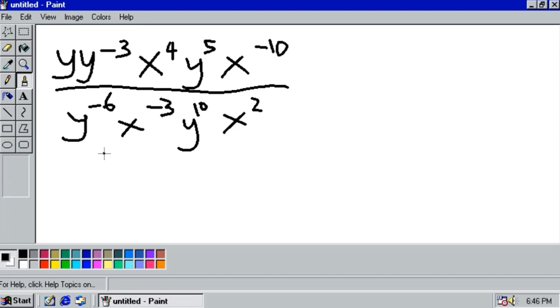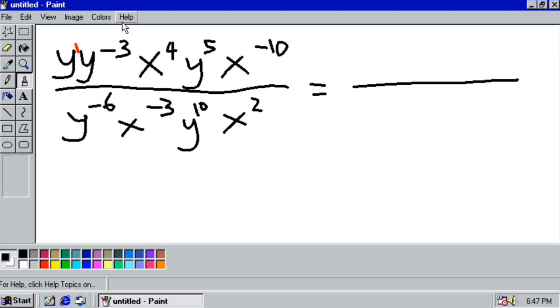We have an invisible 1 here since it doesn't have an exponent. Let's have y first.